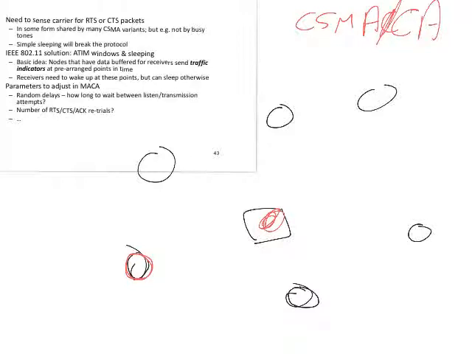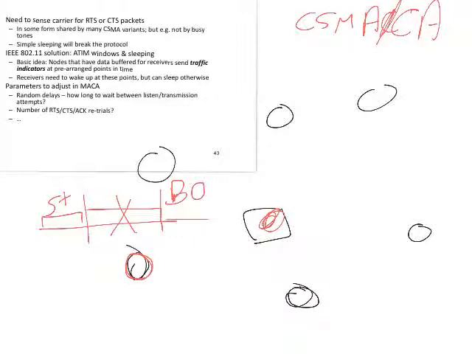If the channel is idle, meaning this node senses the channel for a specific duration of time, called sensing time, and the outcome is that the channel is empty, then I'm allowed to send data right away. If there is a collision, then at this time we use what we call back off.